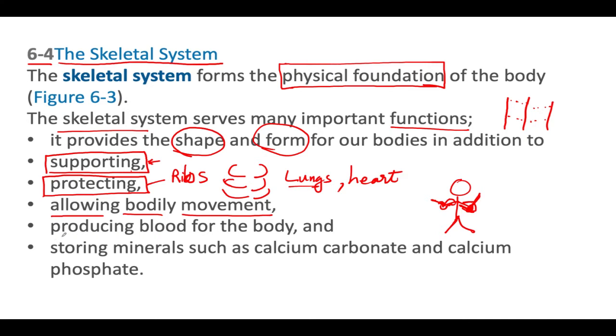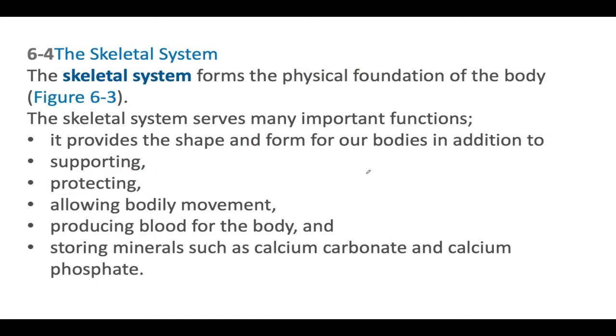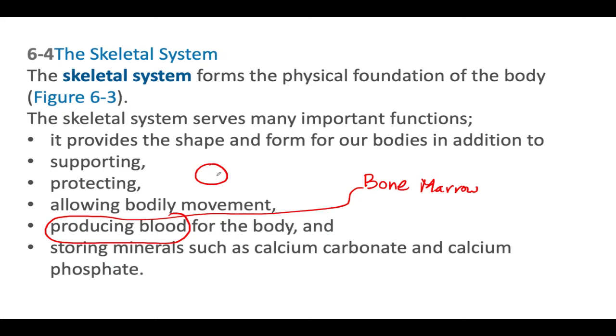Then also, within the skeleton, within the bones, we also have bone marrow. The function of bone marrow is to produce the blood, because the red blood cells and the white blood cells do not have within themselves a nucleus.